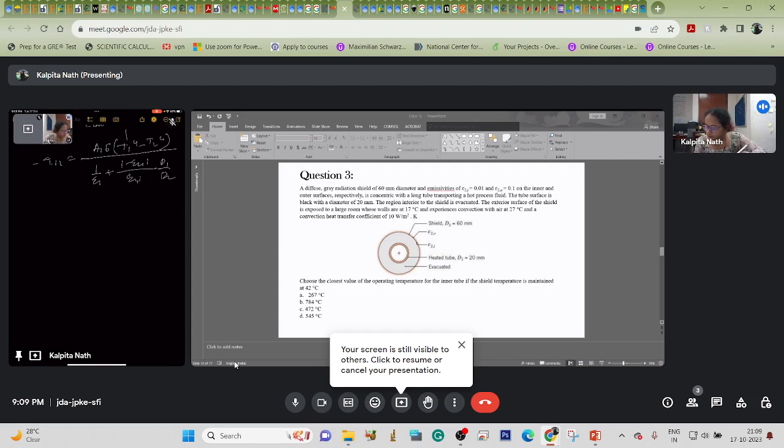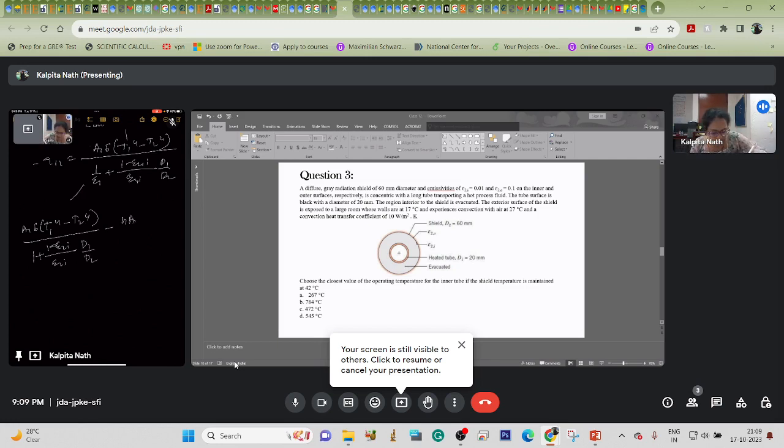Now, using appropriate rate equations for Q convection and Q radiation in the energy balance equation, we'll just put it in the main equation. So this will be A1 sigma (T1 to the power 4 minus T2 to the power 4) upon 1 plus (1 minus epsilon 2I) upon epsilon 2I times d1 upon d2.